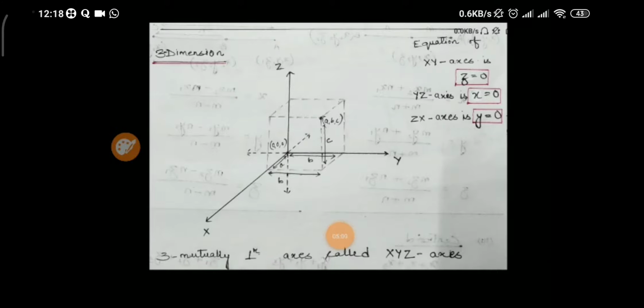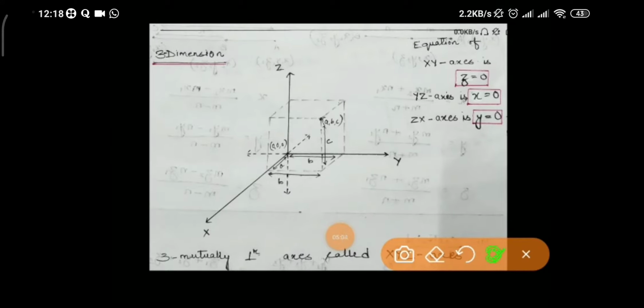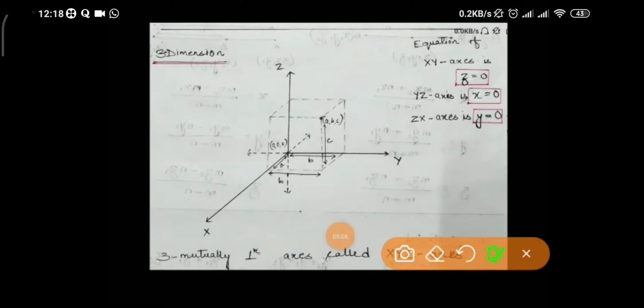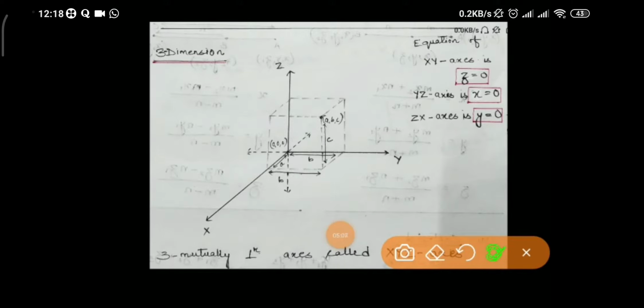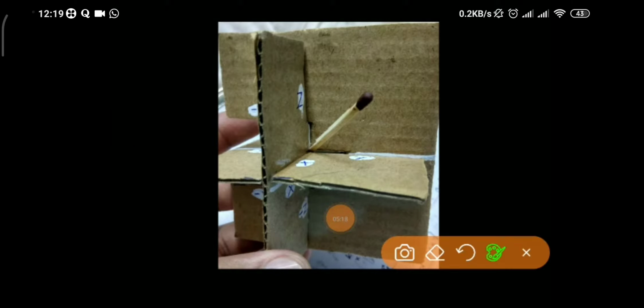Now let's talk about the equation of, not the lines, now we will be talking about planes, but before that I want to show you a model. Now look at this. This is our 3 dimension. One plane is like this, or you can consider 3 planes.